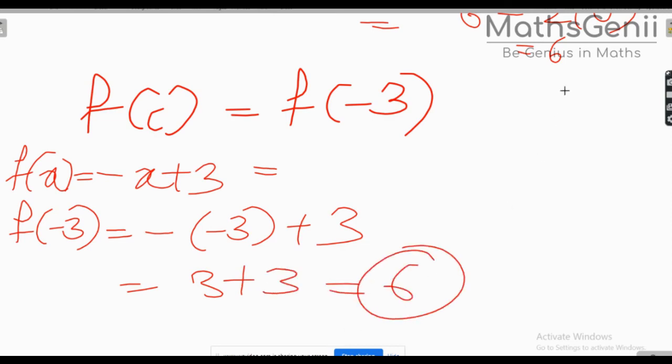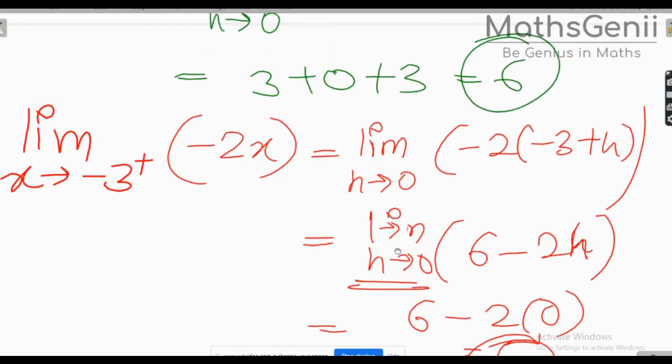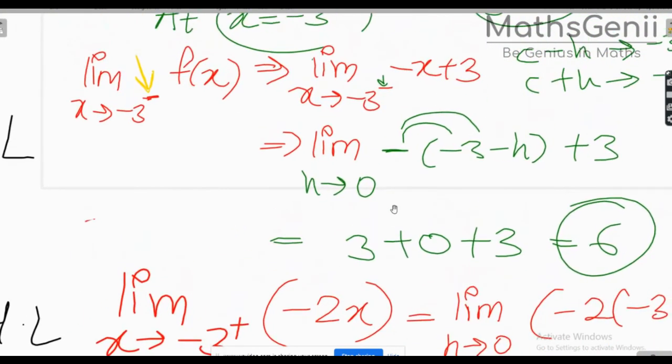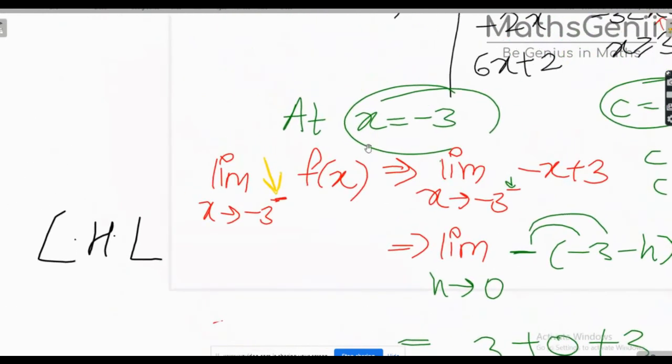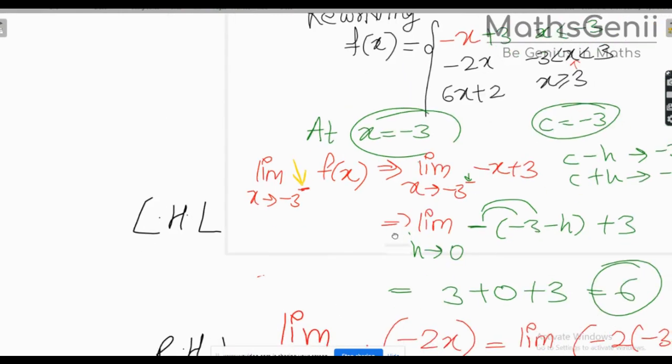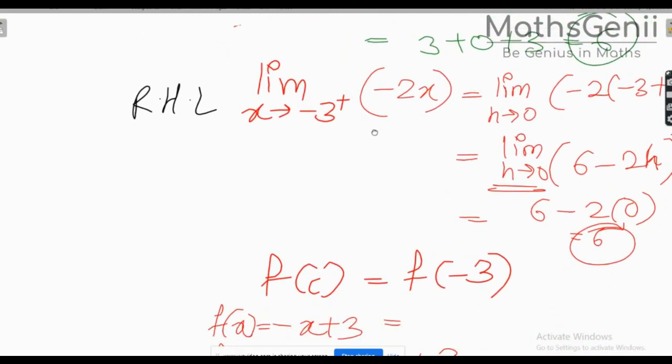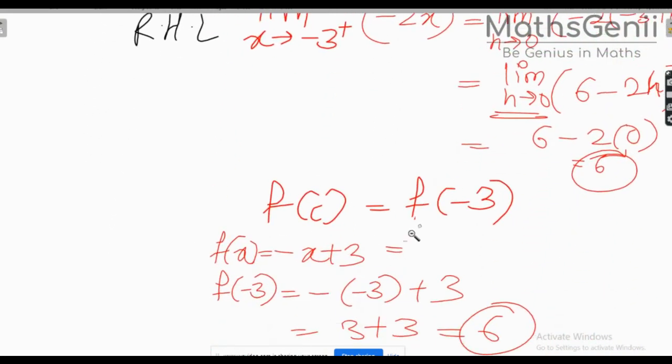So previous two values you got 6, and that is how I say that yes, the function is continuous. Similarly, I did this for minus 3. You have to do it for plus 3 and check if it is continuous. Do let me know in the comment box if you get it as continuous or discontinuous at plus 3.